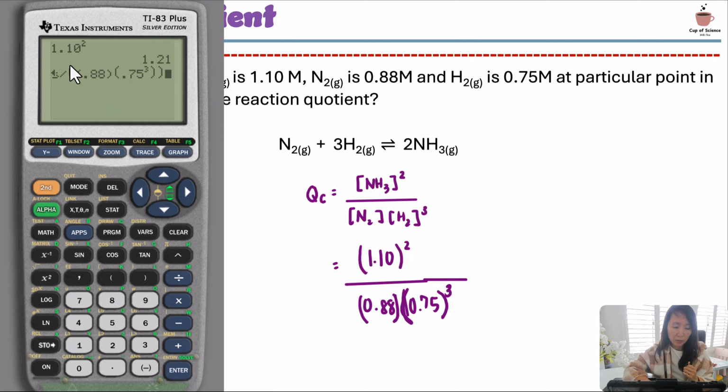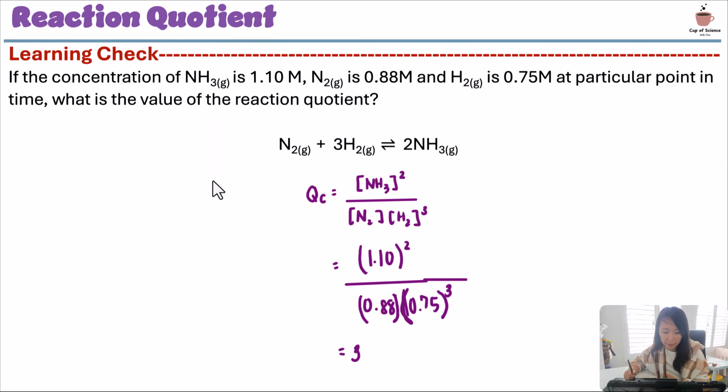So note that there's a parenthesis here to encapsulate the 0.88, another parenthesis to encapsulate the 0.75, and there is a most outer parenthesis in order to parenthesize everything. Okay. And I get the value of 3.3. And that's the value of the Qc, or the reaction quotient.